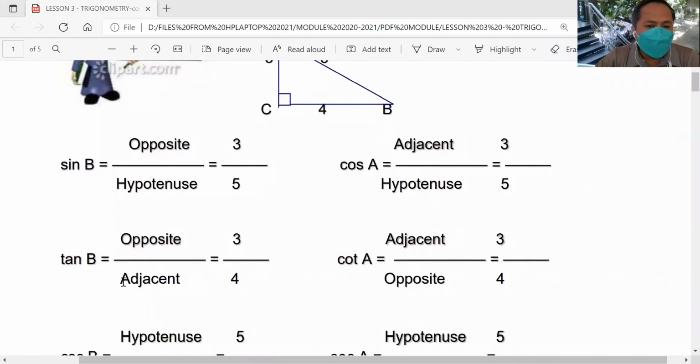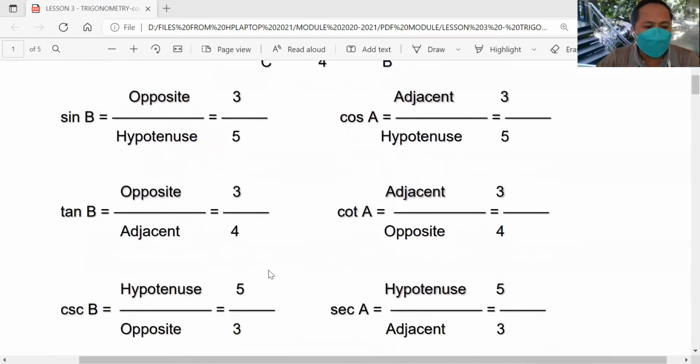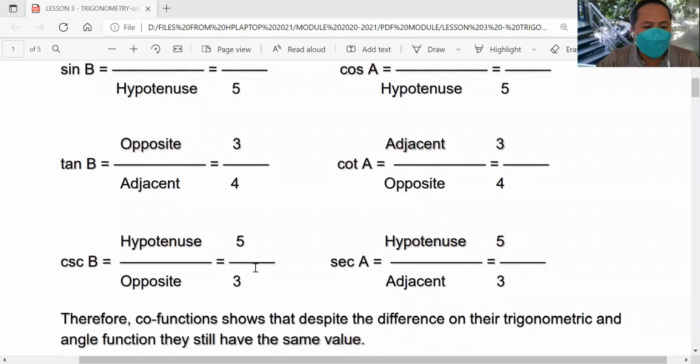We have also tangent B. To get tangent B, we have opposite over adjacent. So tangent B is opposite, still 3, and the adjacent of B, its neighbor, is 4. So 3 over 4. Then we have cosecant B. Cosecant B is hypotenuse over opposite.